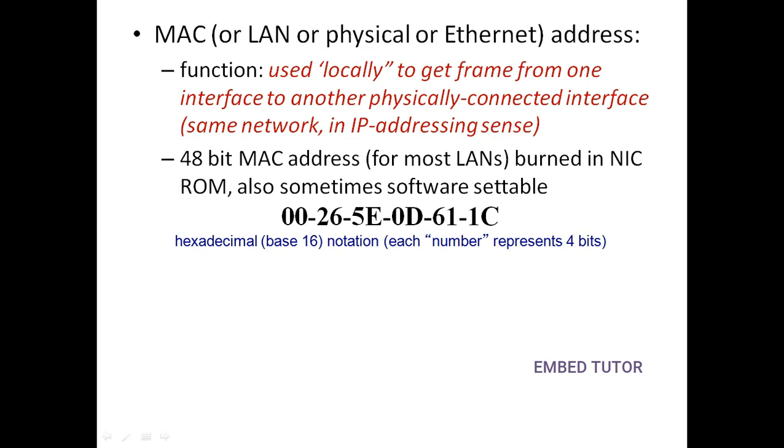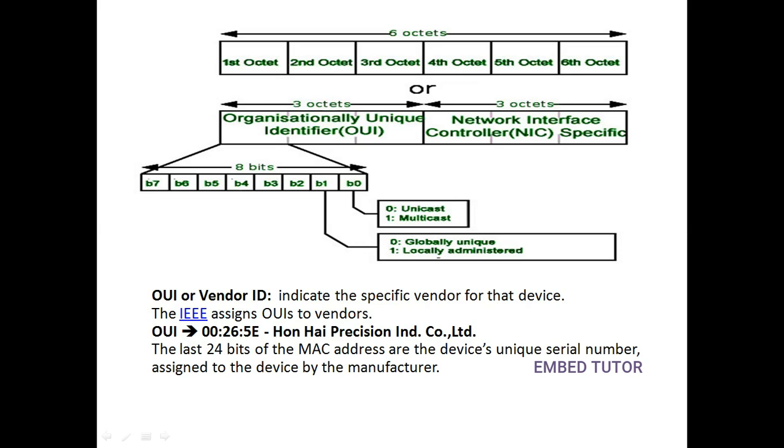The next thing is, out of this 48-bit address, there are 24 bits plus 24 bits. The first 24 bits are called the organizationally unique identifier, and the next 24 bits are called the network interface specific serial number. In my computer, when I type, I am able to get 00265E as my first 24 bits.